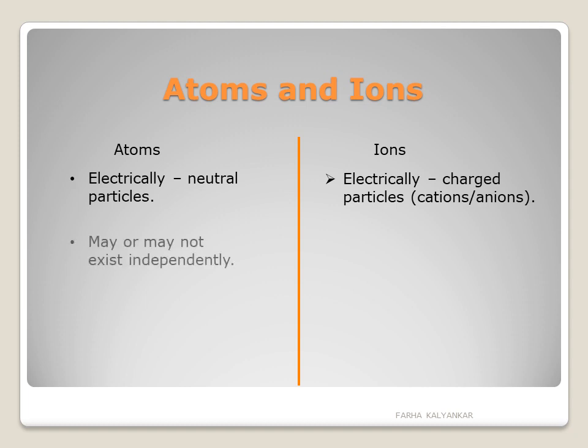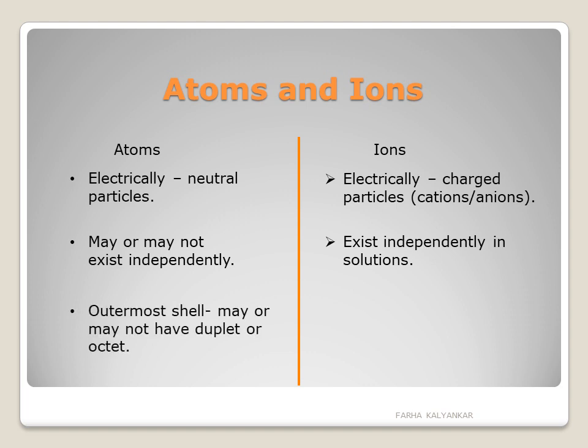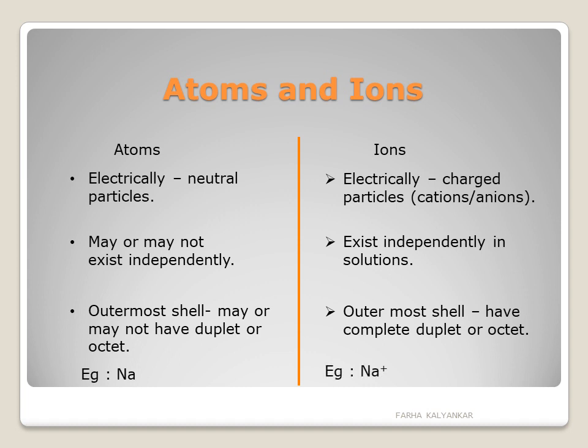Atoms may or may not exist independently, whereas ions exist independently in solutions. In atoms, the outermost shell may or may not have a doublet or octet, whereas in ions, the outermost shell has a complete doublet or octet. An example of an atom is a neutral atom of sodium. In ions, I would refer to a cation of sodium.